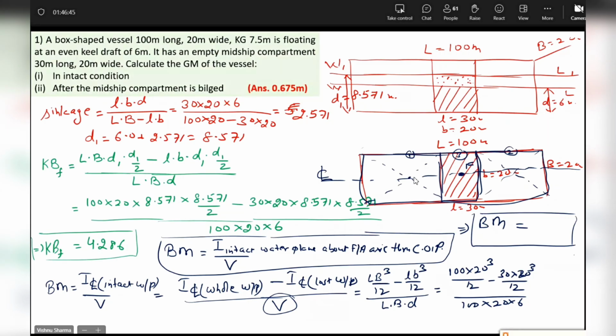That's why I'm saying use the notations first. Simplify or break the formula in the notational form. You can calculate the BM, and if anybody has any doubt, you can ask me. 3.889. Okay, 3.889.